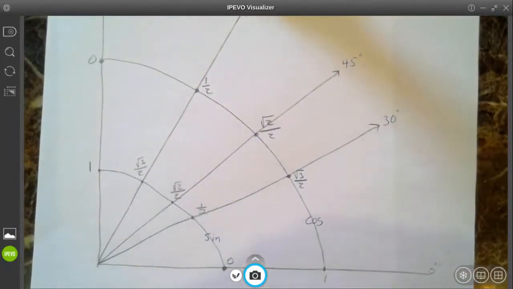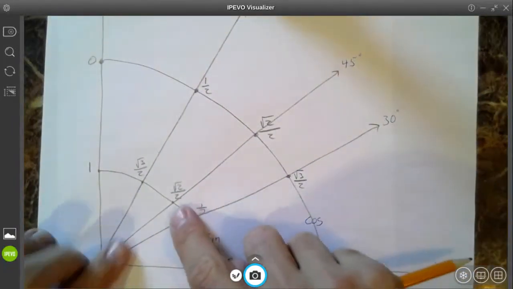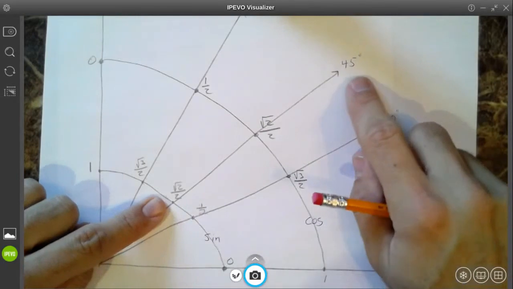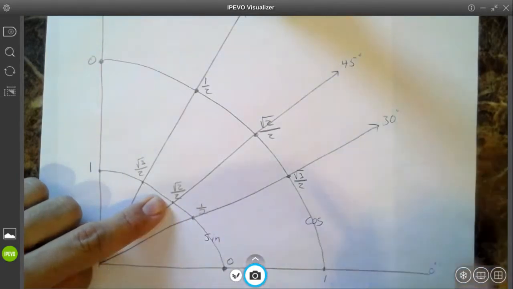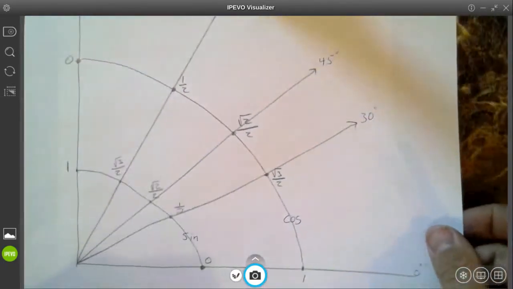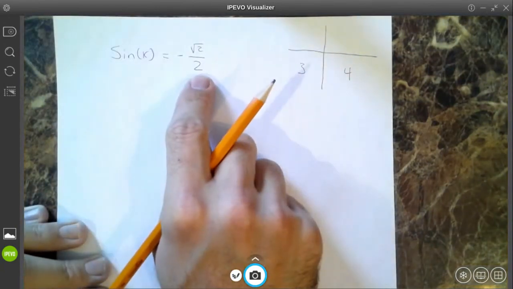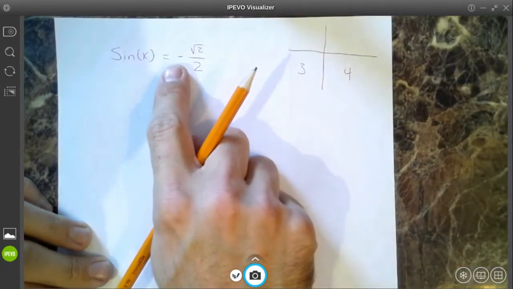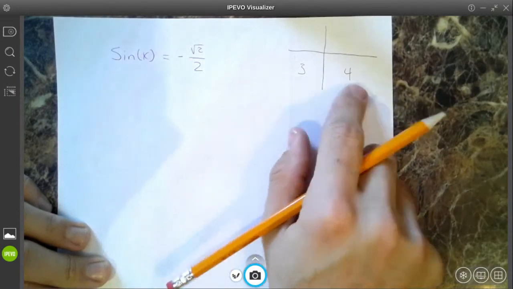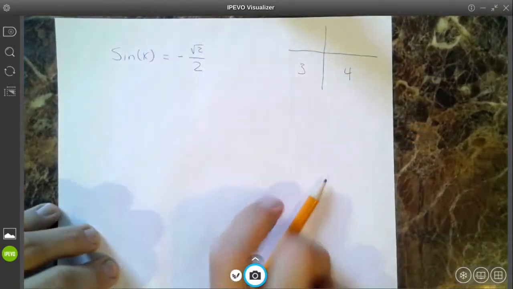All right, so in quadrant 1, for root 2 over 2, this occurs at the 45-degree angle. So at the 45-degree angle, we know we're going to find our answer that gives us root 2 over 2. But because we want it to be negative, we have to get it in the third and fourth quadrant.